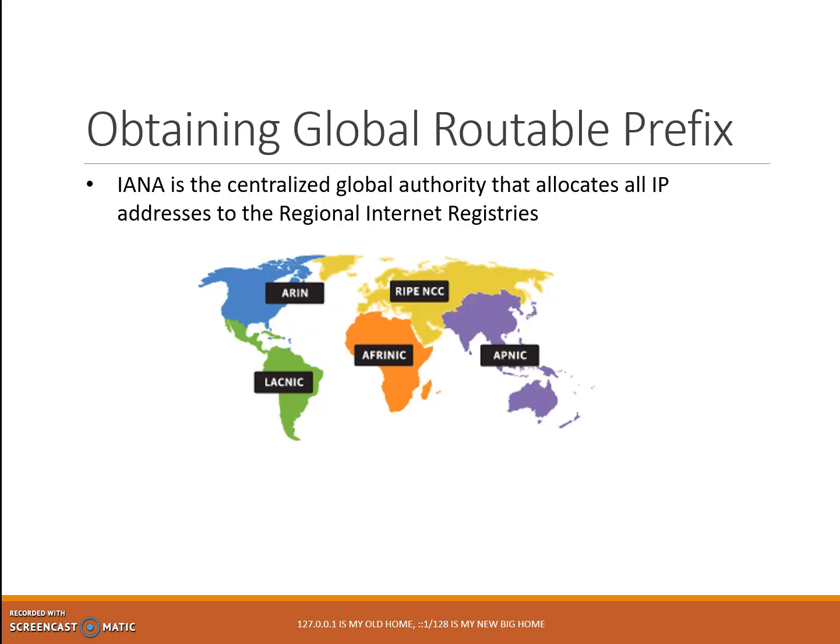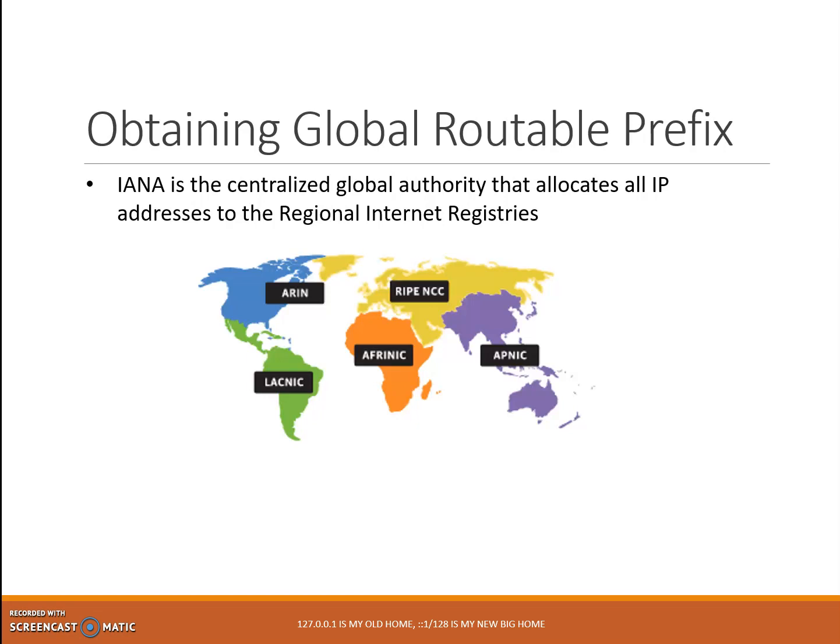which is the American Registry for Internet Numbers for North America, and RIPE for Europe, as well as the Middle East and part of Central Asia. Asia Pacific Network Information Centre, APNIC, for Asia and Oceania.